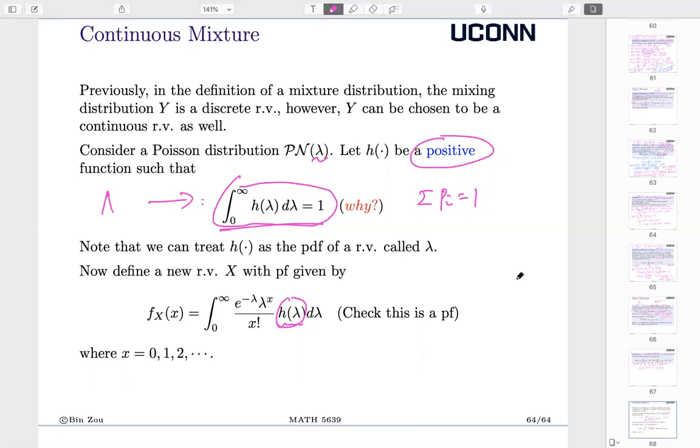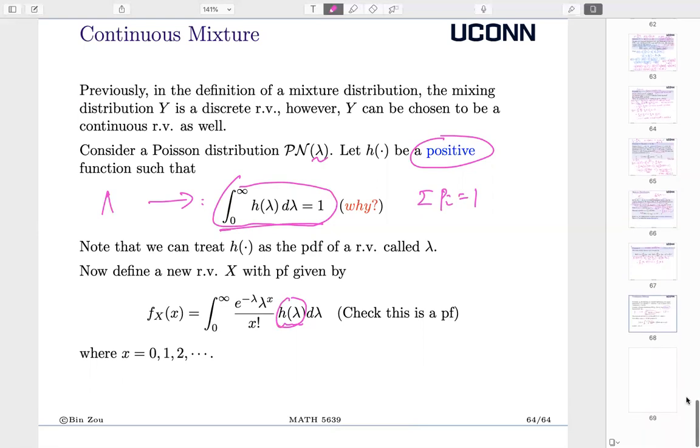Let me conclude this section with one example. I believe from the textbook, we have one example, so I add one page. That is example 1.12. If you have the textbook, please go to page 33.